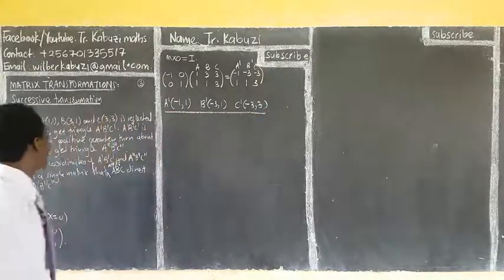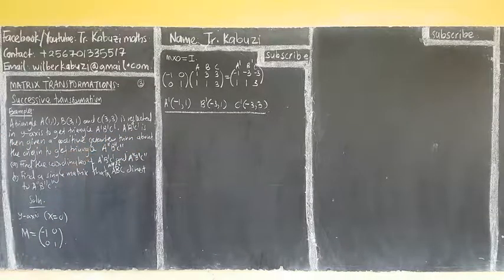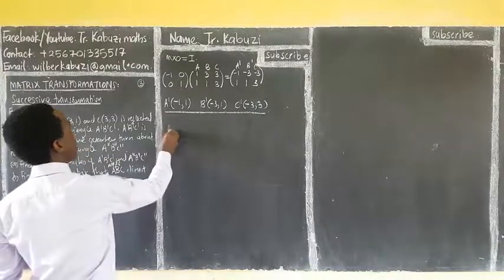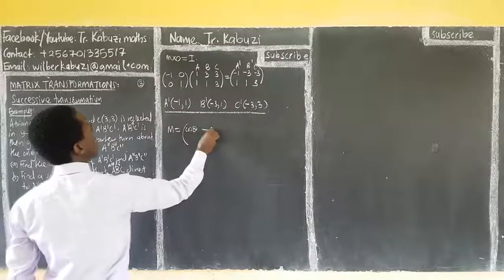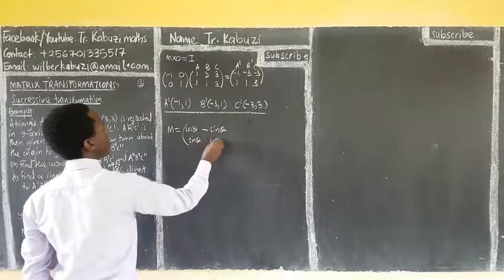Now they are telling us that A prime, B prime, C prime is given a positive quarter turn about the origin. Rotation about the origin uses the matrix cos theta, negative sine theta, sine theta, cos theta.